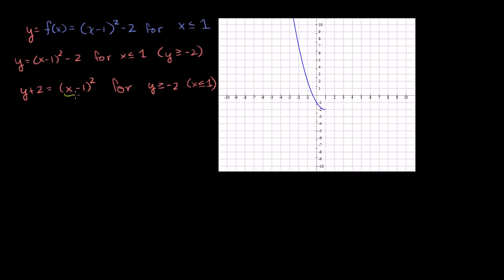Now, is x - 1 a positive or a negative number? We've constrained our x's to being less than or equal to 1. So if x is less than or equal to 1, this is negative. So we want to take the negative square root.